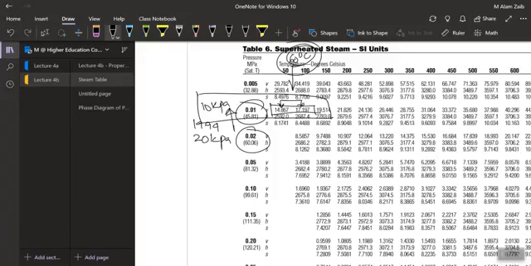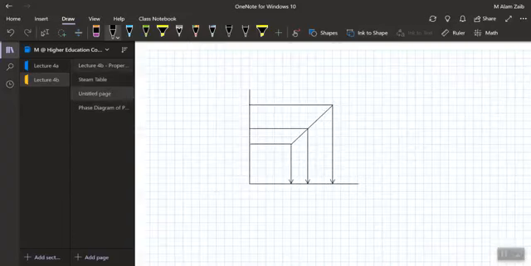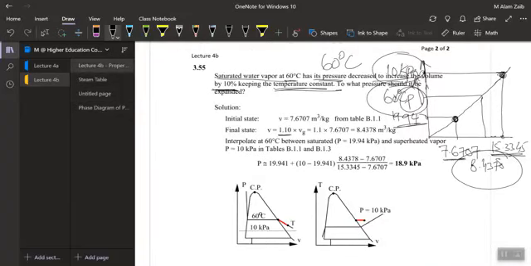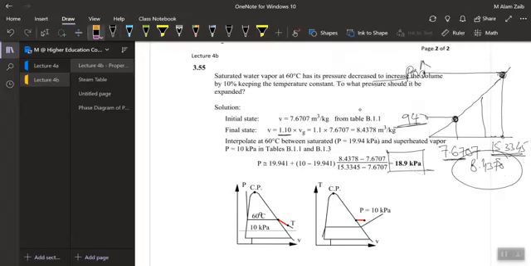Once you find the volume, 15 point something, you have to put it in here and then find the pressure, which is equal to 18.9 kilopascal. I hope you understand. Let's have a little practice, and if you still have a problem, then obviously we will discuss it.